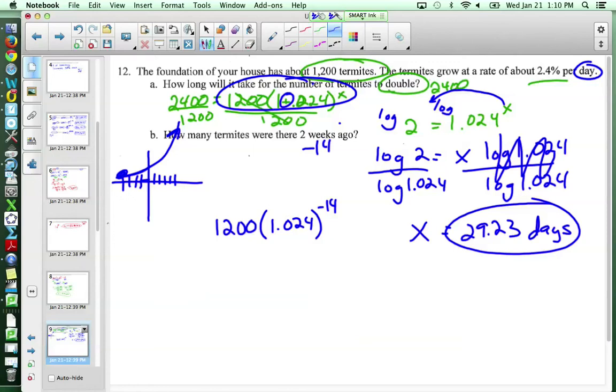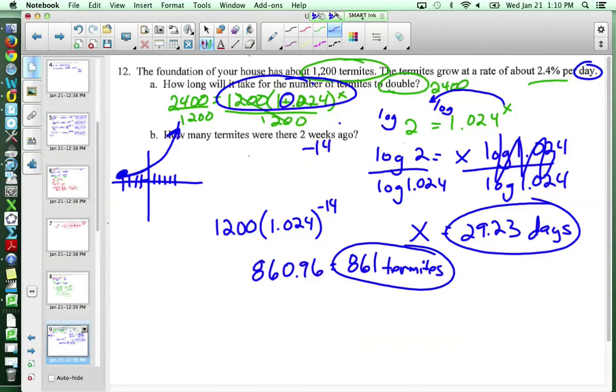And this brings us backward to about 860.96. So about 861 termites. So be careful about those 2 weeks ago, the 3 days ago. We don't want to change the function, we want to change the exponent to go backwards.